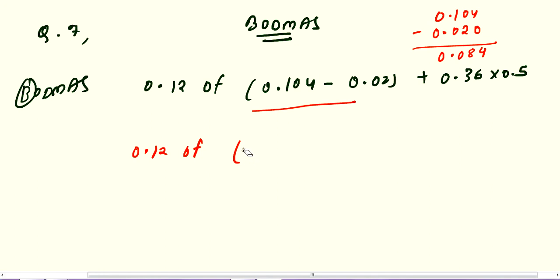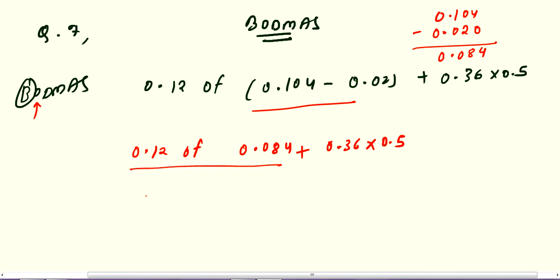So we are getting 0.084, plus 0.36 into 0.5. Now after BODMAS we are having O. O means of, means we have to solve this one. So 0.12 into 0.084 plus 0.36 into 0.5.